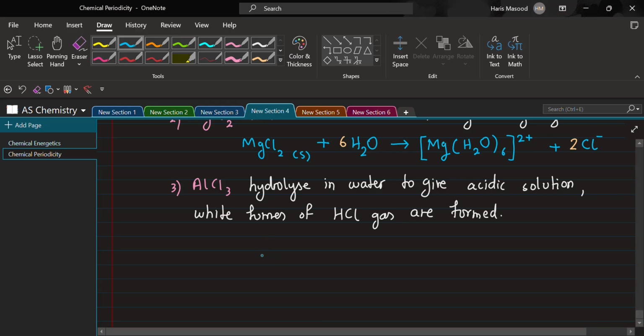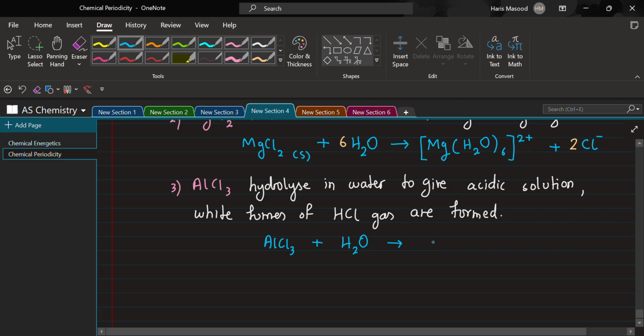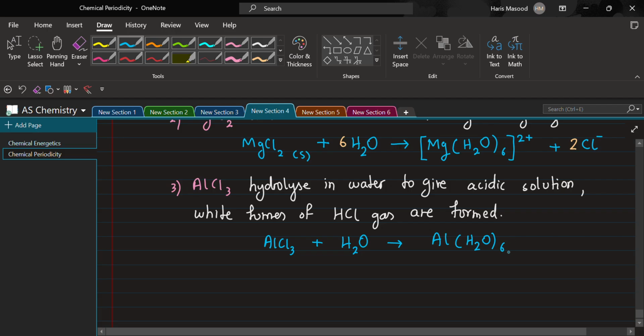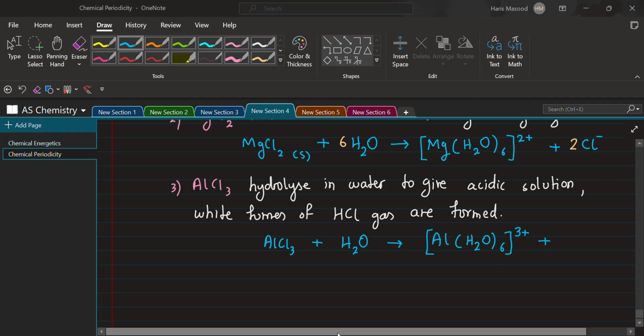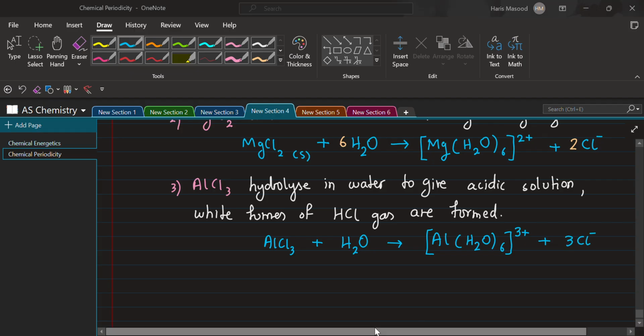So you have something like this: AlCl3 reacts with water. Again it forms a complex ion, [Al(H2O)6]3+, and then you have 3Cl minus.